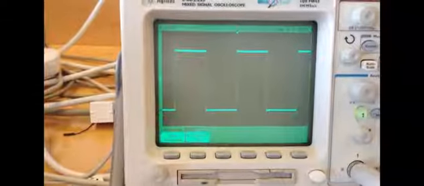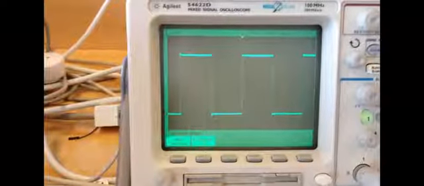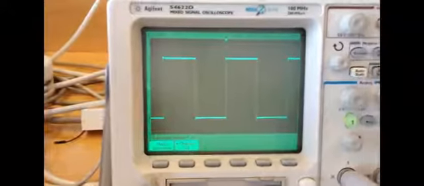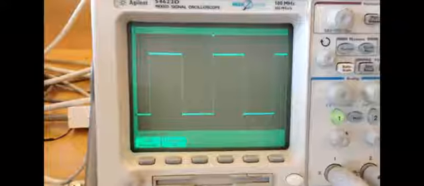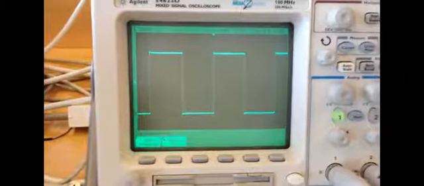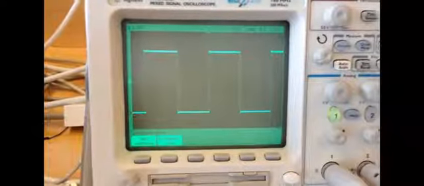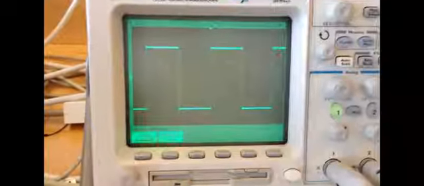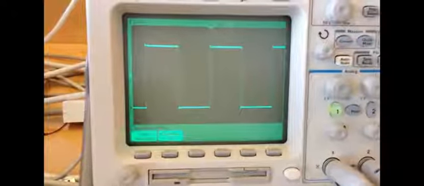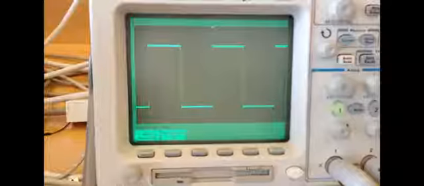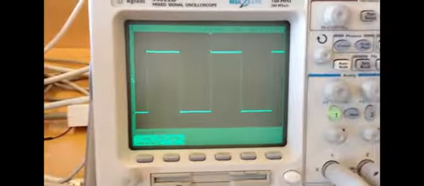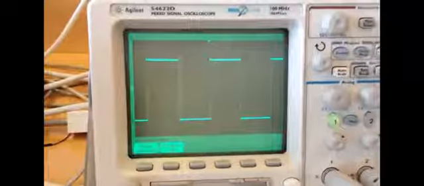In fact, this signal keeps changing in real time, but to us it's a solid, stagnant signal. Why? Because the oscilloscope is creating a signal which is running at the same speed as the input signal, and in this way it can freeze the signal on the screen.